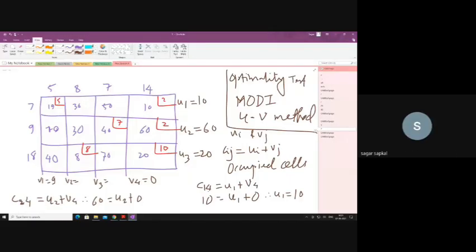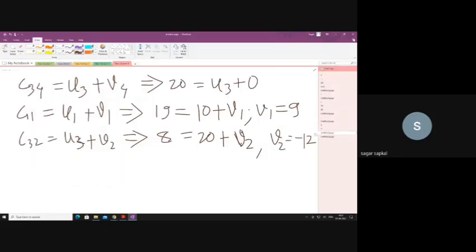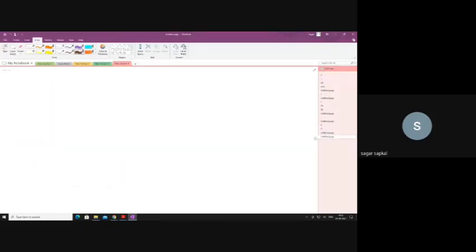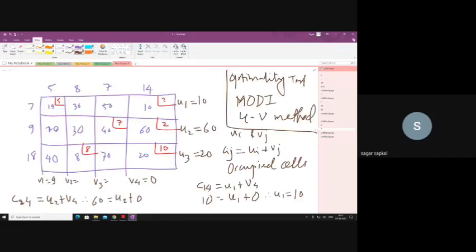C12 सेल ऑक्युपाइड नाही आहे ना. 32 सेल ऑक्युपाइड आहे. त्यामधली U3 ची व्हॅल्यू माहिती आहे. C32 ची पण माहिती आहे. V2 अननोन आहे, काढू शकतो आपण. म्हणून आपण हे इक्वेशन घेतलं. So V2 is equal to minus 12.